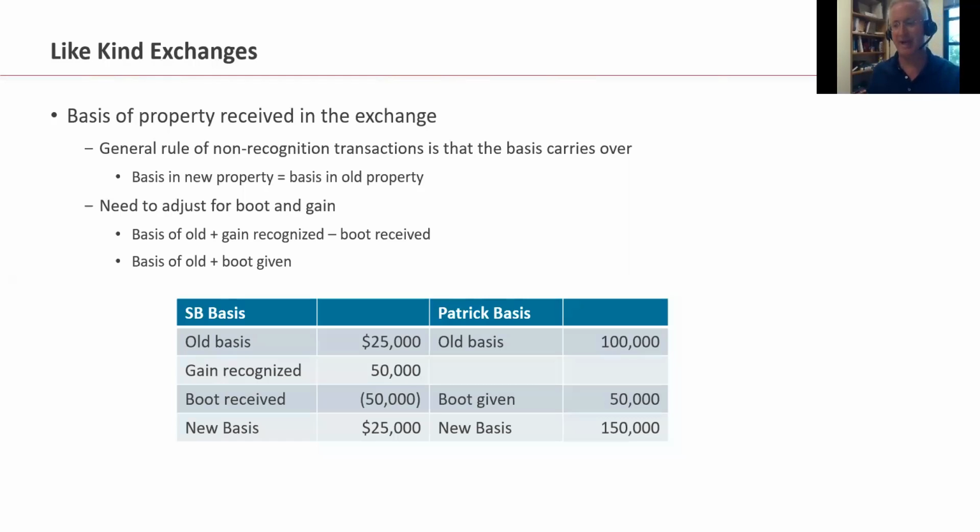From a tax perspective, since the economics haven't changed, they're down with that. You just keep depreciating that same $25,000 asset. Patrick, on the other hand, his old basis was $100,000, but Patrick gave up boot of $50,000. As a result, his new basis is $150,000. So that means he gets to depreciate starting at $150,000.